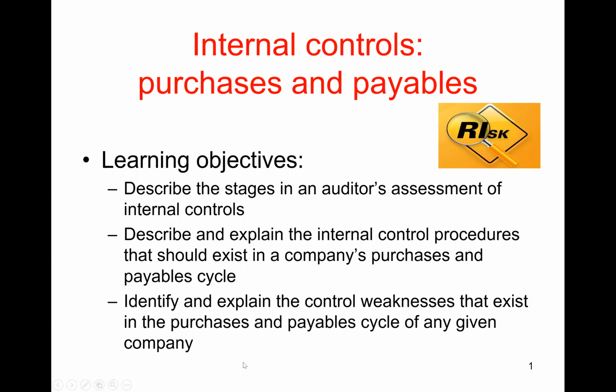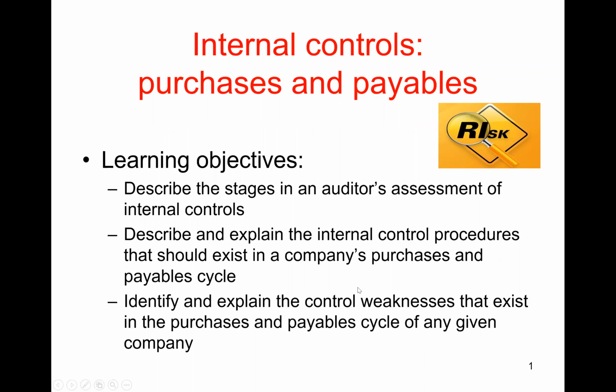And then thirdly, you should be able to identify and explain the control weaknesses that exist in the purchases and payables cycle of any given company. So in other words, having shown you in the class what the controls should look like for a company that has all of the necessary controls in place, you should be able to identify, if I present to you a case where the company doesn't have those controls, which controls are missing.